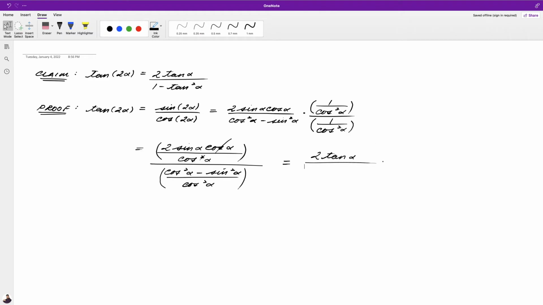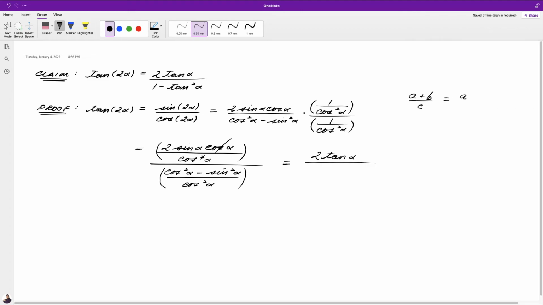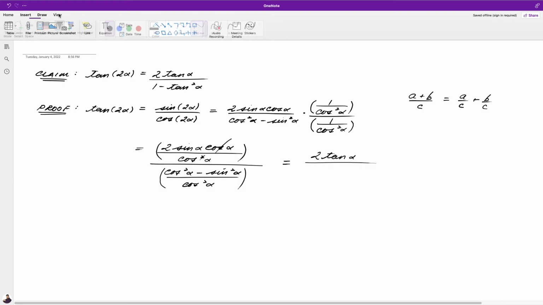Now, down here, we're going to have cosine squared alpha over cosine squared alpha minus sine squared alpha over cosine squared alpha. We're going to be using the algebraic property that if you have a plus b and you divide the whole thing by c, that's the same thing as a over c plus b over c.